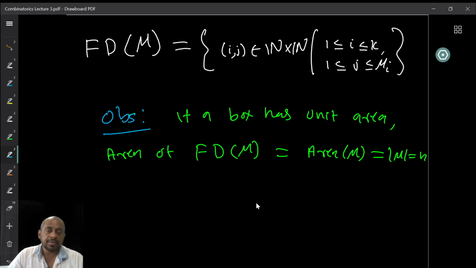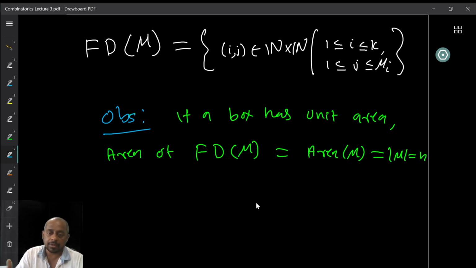Now, a formal definition of the Ferrers diagram can be given as follows. FD of mu is the set of all (i, j) in N cross N such that 1 less than or equal to i less than or equal to k, and 1 less than or equal to j less than or equal to mu_i. So this makes it left justified and top justified.